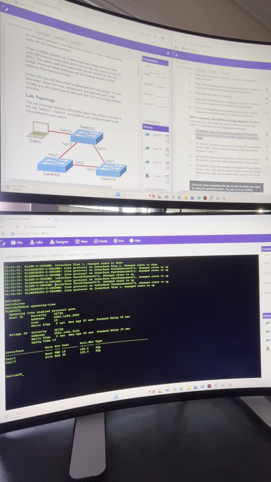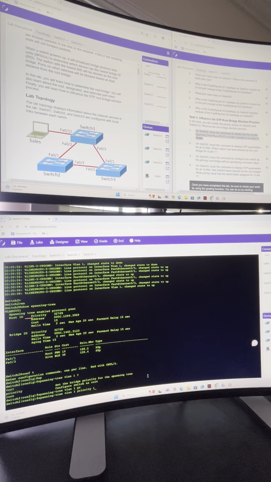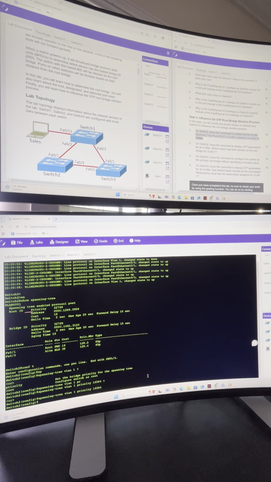So if we go to switch 2 and do a configure terminal and then spanning-tree vlan 1 priority 16384, hit enter there. Now it says on switch 2, issue the command to display the STP parameters for all VLANs. Which switch has been elected as the root bridge for VLAN 1?